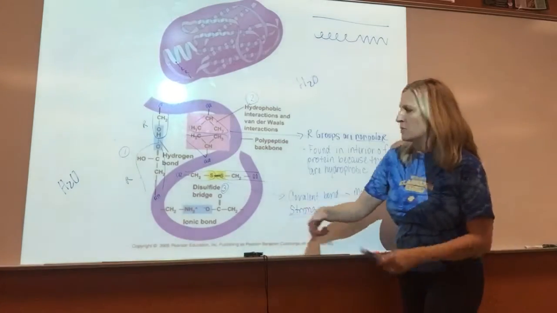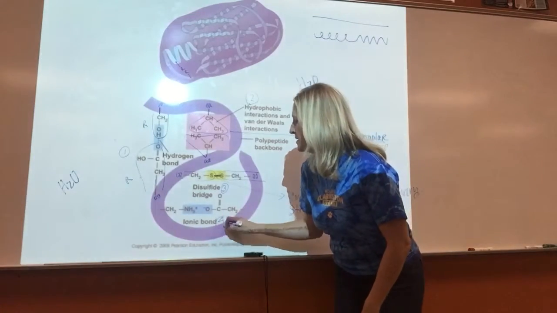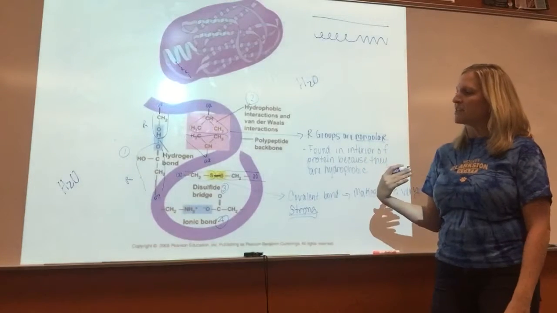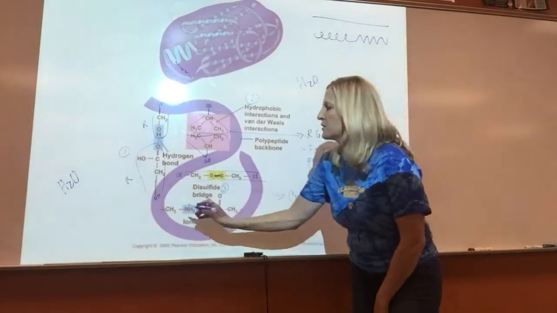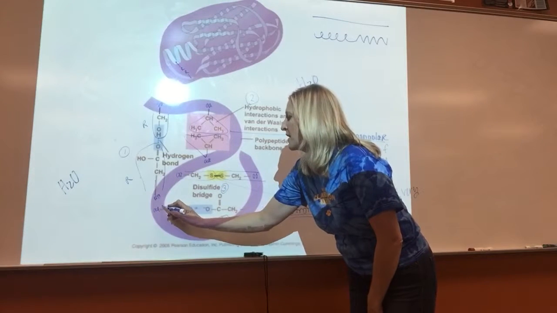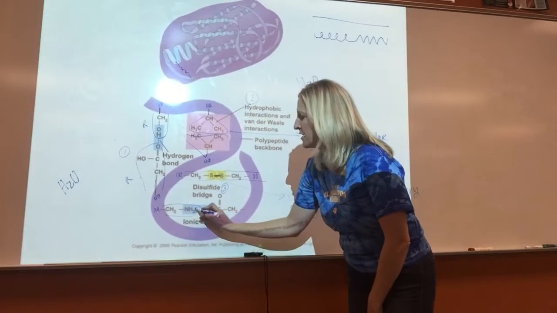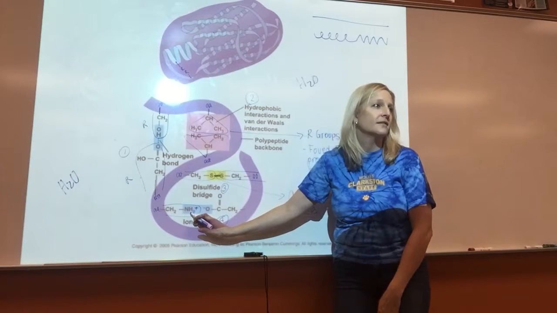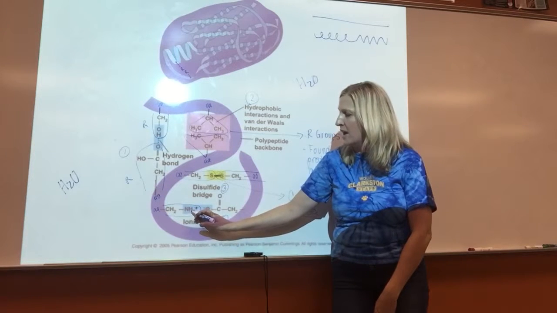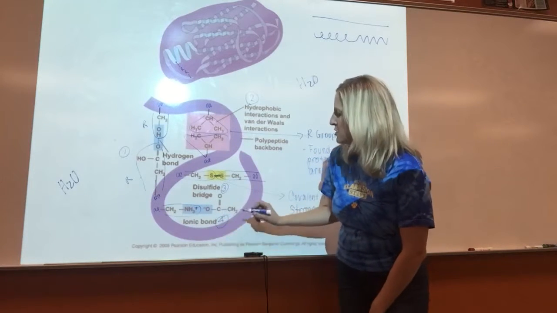And then the last one, the ionic bond here, is these guys are attracted to one another because of the opposite charges. And so here's an amino acid here, and this is its R group. Notice here, it has a positive charge. What group is this? Amino group, all right? That has already acted as a base by accepting the H pluses.